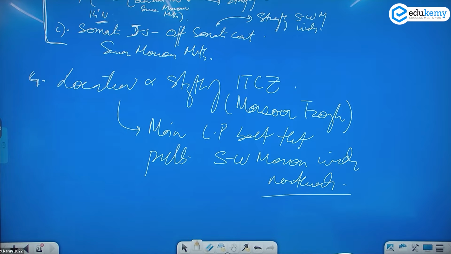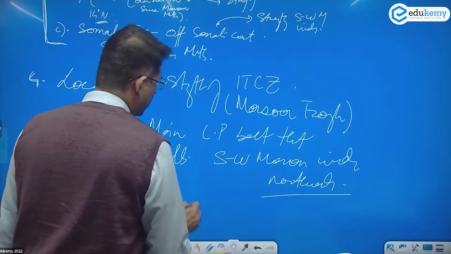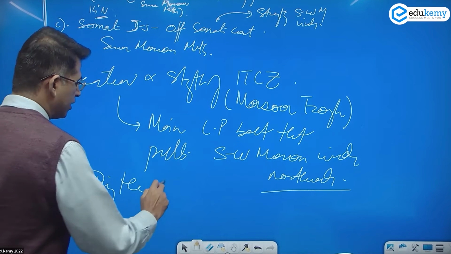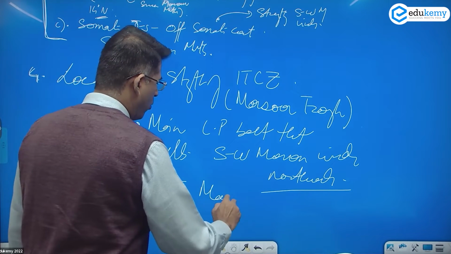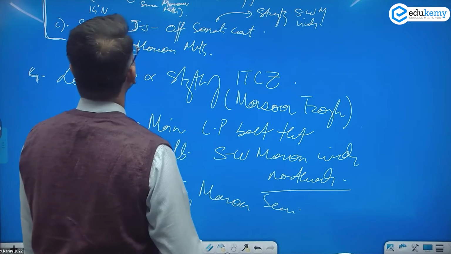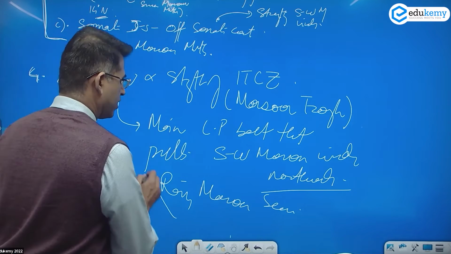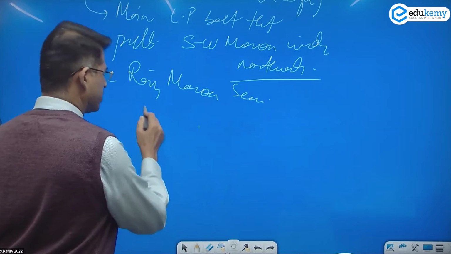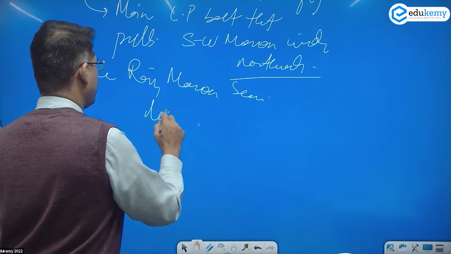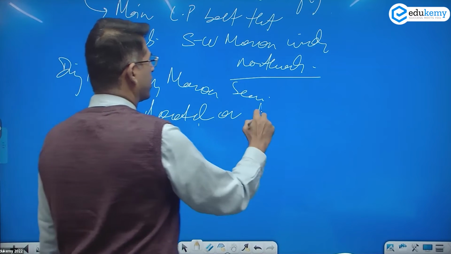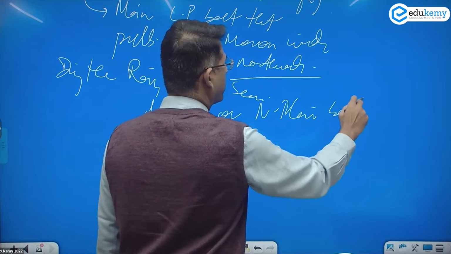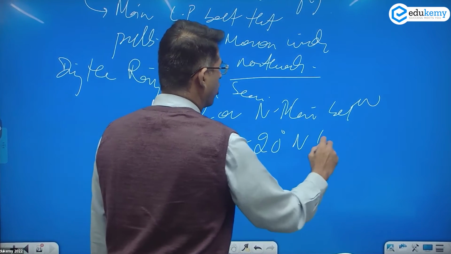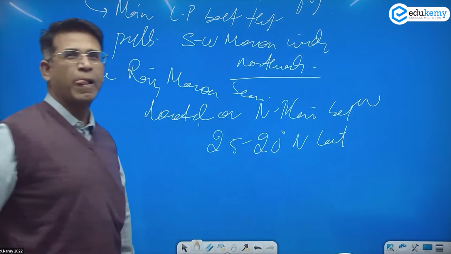During the rainy monsoon season, the ITCZ is located on the northern plains at around 20 degrees north latitude.